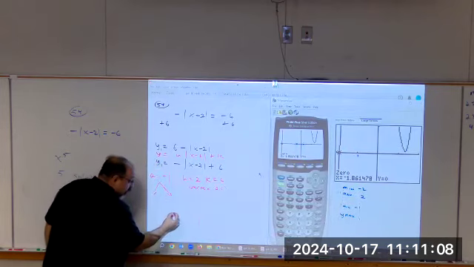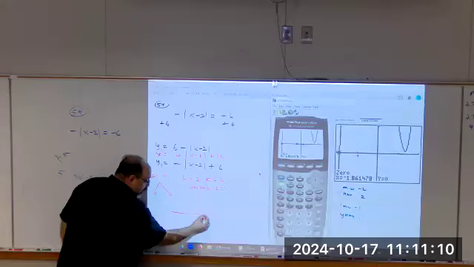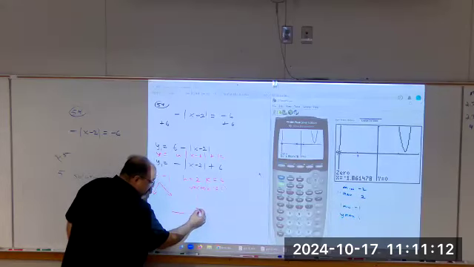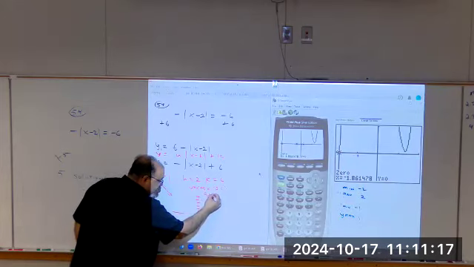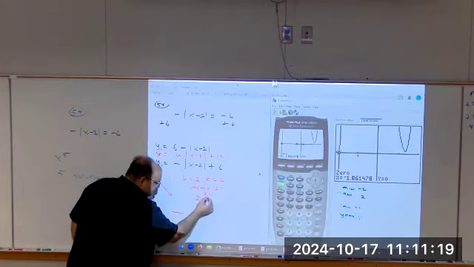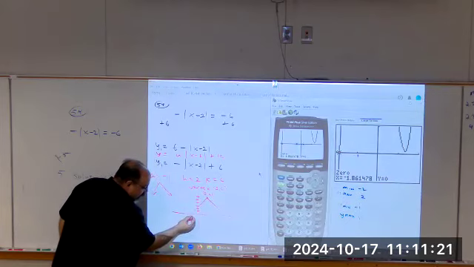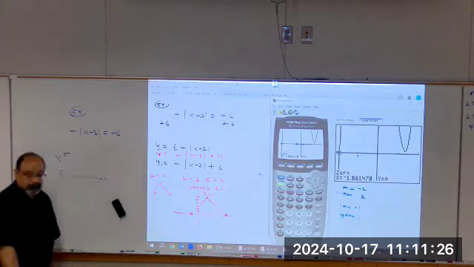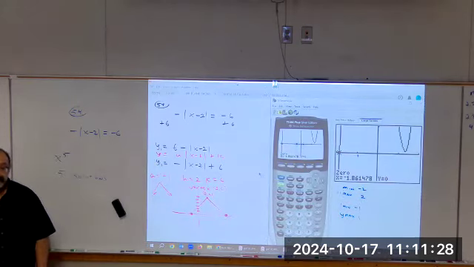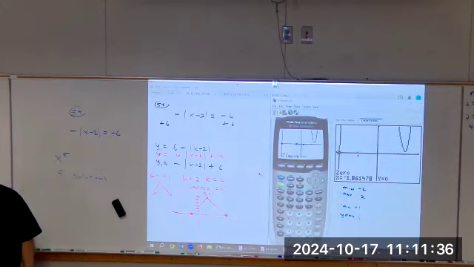If we were going to graph this by hand, it would go 2 to the right, up 6, and it would be here at (2, 6), and then you would have this, with an x-intercept there and an x-intercept there. That's if you had to graph it by hand. A, h, and k are not going away.